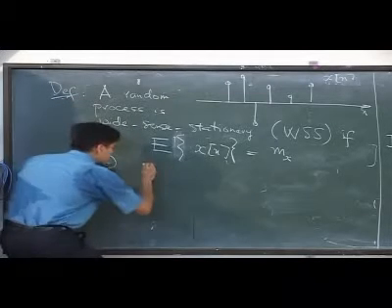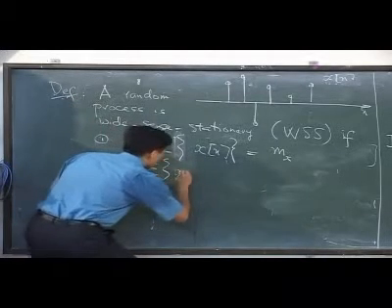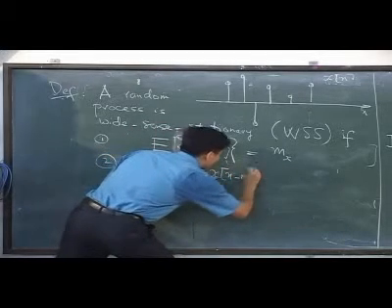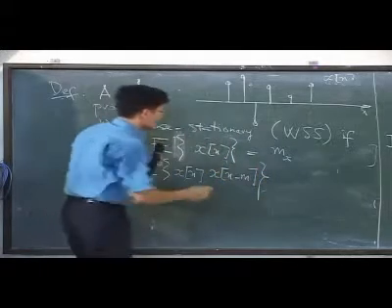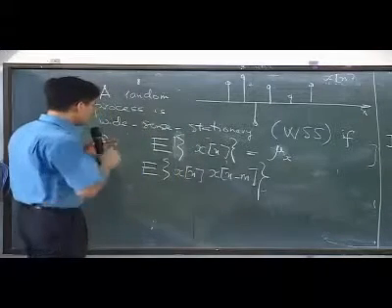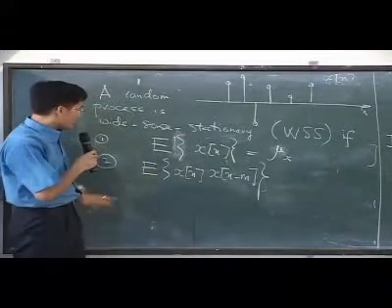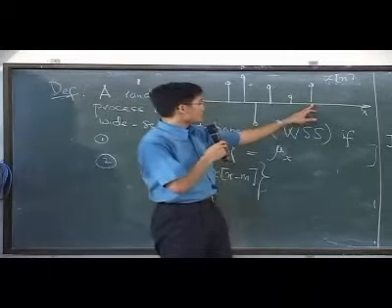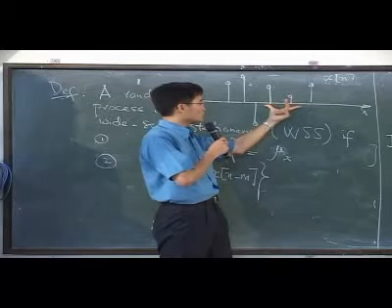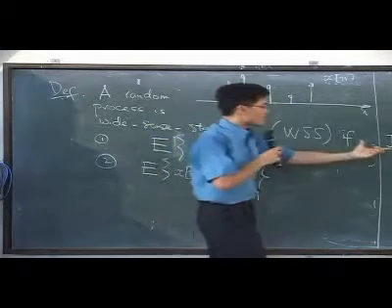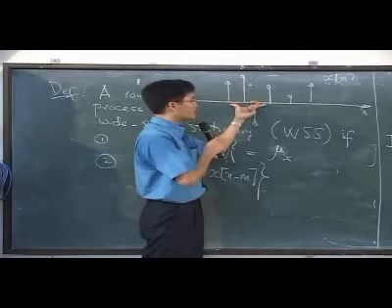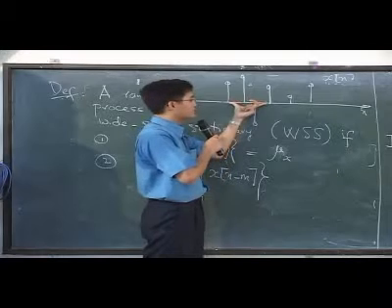Second, the expectation of x of n and x of n minus m. And taking the expectation of x and its sample m steps previously, you see that if the signal is wide-sense stationary, I take two random variables here, they have some joint probability density function.